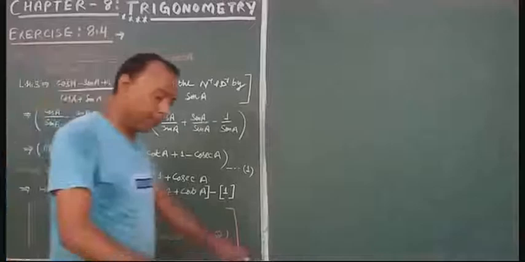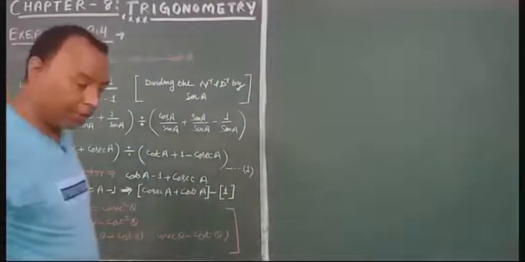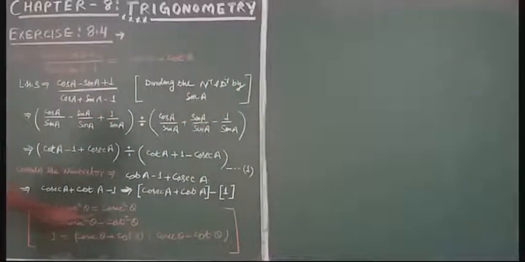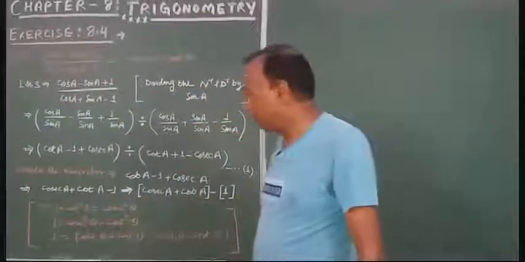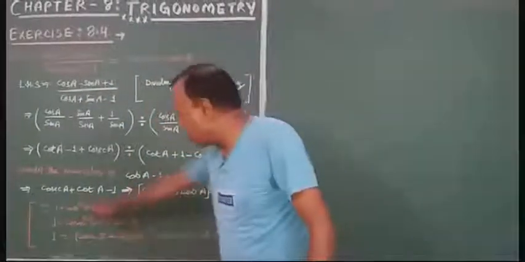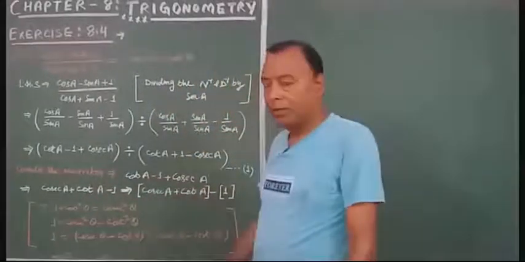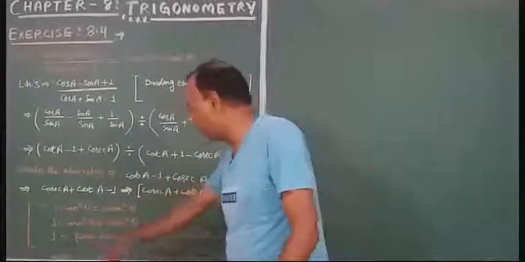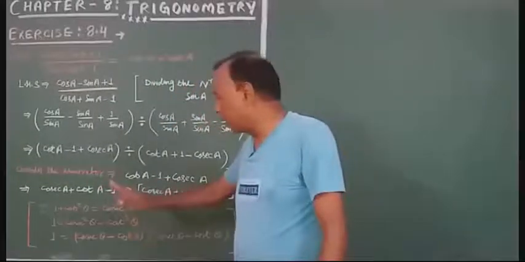Now there is an identity in terms of cot theta and cosec square theta. 1 plus cot square theta is equal to cosec square theta. Therefore, 1 is equal to cosec square theta minus cot square theta.